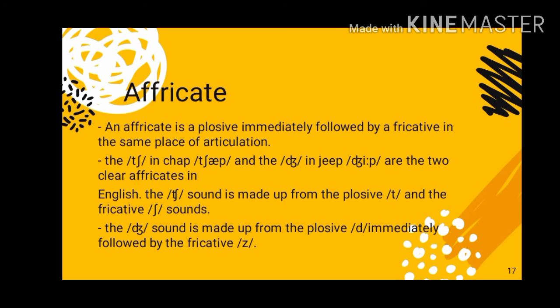The "ch" sound is made from the plosive t and the fricative sh sounds. Likewise, the sound "ts" is made up from the plosive t immediately followed by the fricative s.